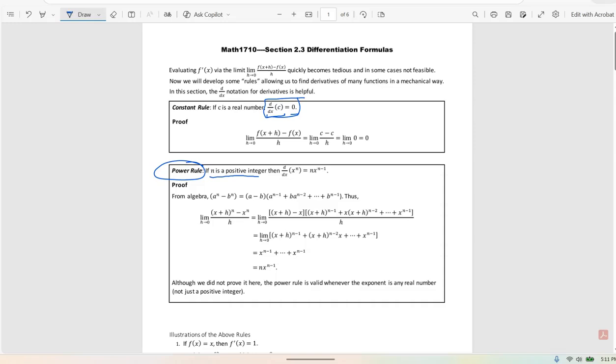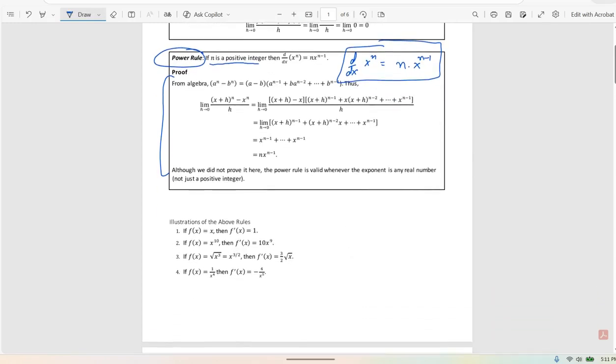So let's write it one more time to remind you. Derivative of x to the power n: the power comes down, times x to the power one less, x to the power n minus 1. Okay. Again, not going much into the proof of this, but you will have to remember the formula. It's called the power rule.